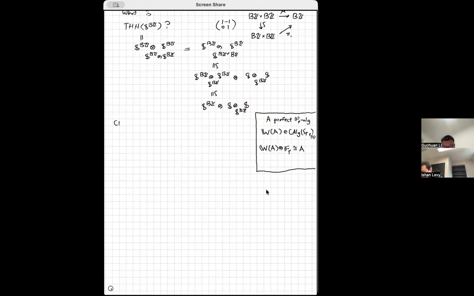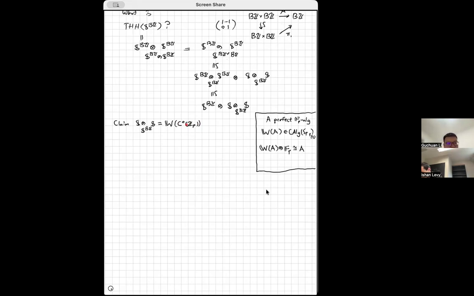Namely, the claim is that if you take sphere tensored over sphere to the BZ with sphere, it's the spherical Witt vectors of the continuous functions on Z_p.